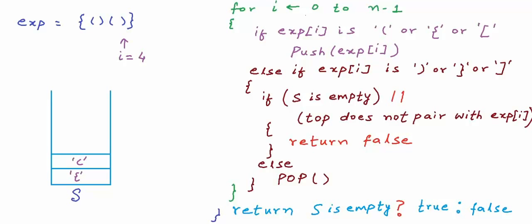They pair, so there will be a pop. Last character is a closing curly brace, so once again we will see whether top of stack is an opening curly brace or not. Do we have a pair or not? Yes, we have a pair, so there will be a pop. With this, our scanning will finish. And finally stack should be empty. It is empty. So we have balanced parentheses here.